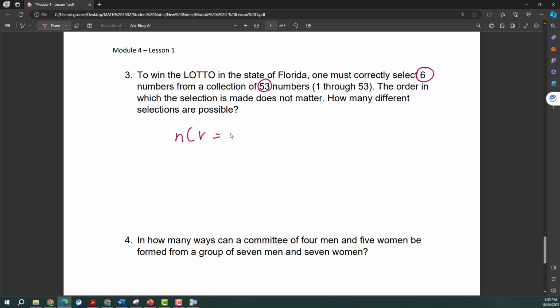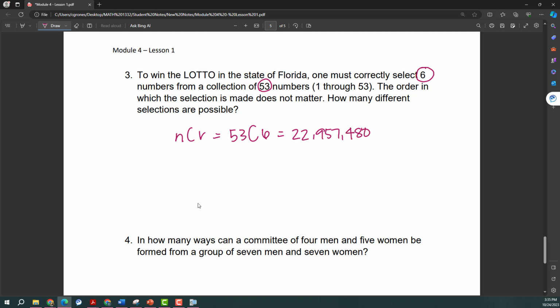So nCr would be 53C6, which is 22,957,480. Yes.